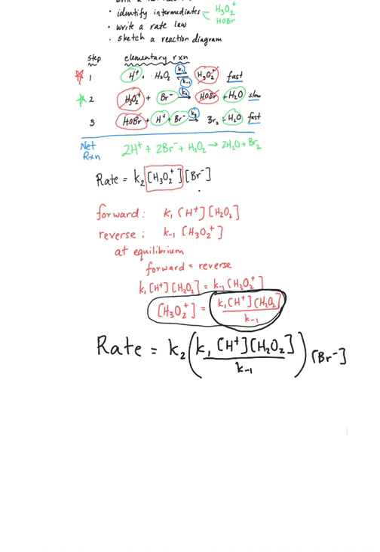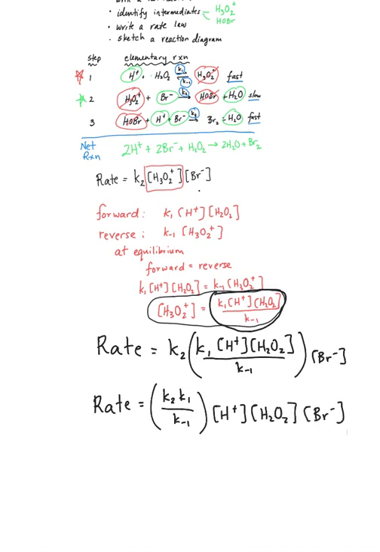To clean this up and make it look a little nicer, we can say that the rate for this reaction is K2 times K1 over K minus 1 multiplied by the concentration of H plus multiplied by the concentration of H2O2 multiplied by the concentration of bromide.